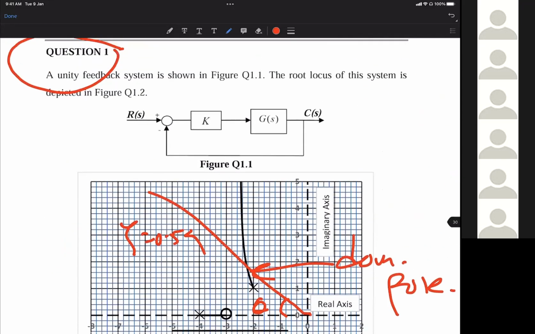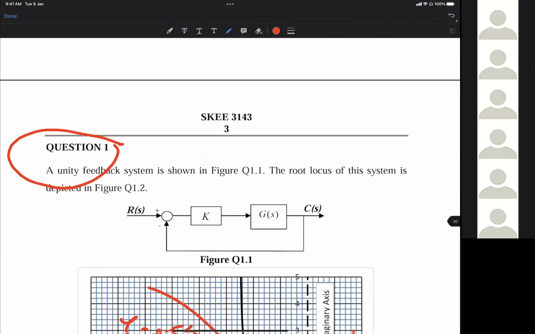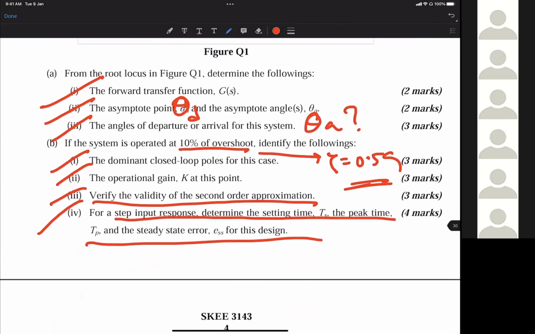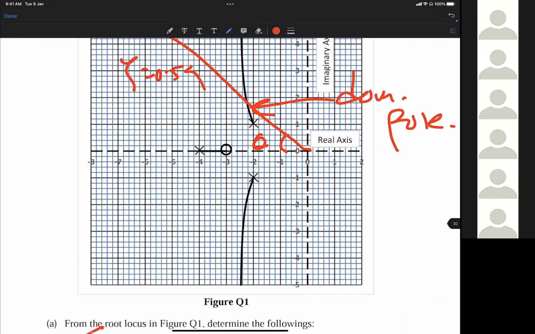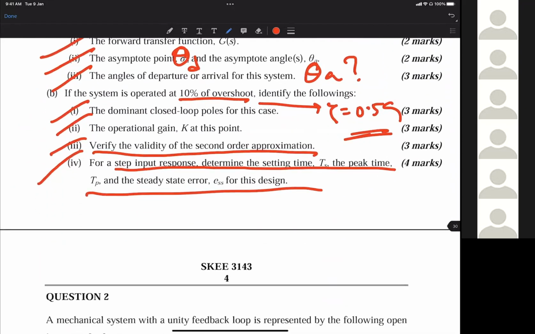So the system is type 0 or type 1? Safwan, system type? Type 0.